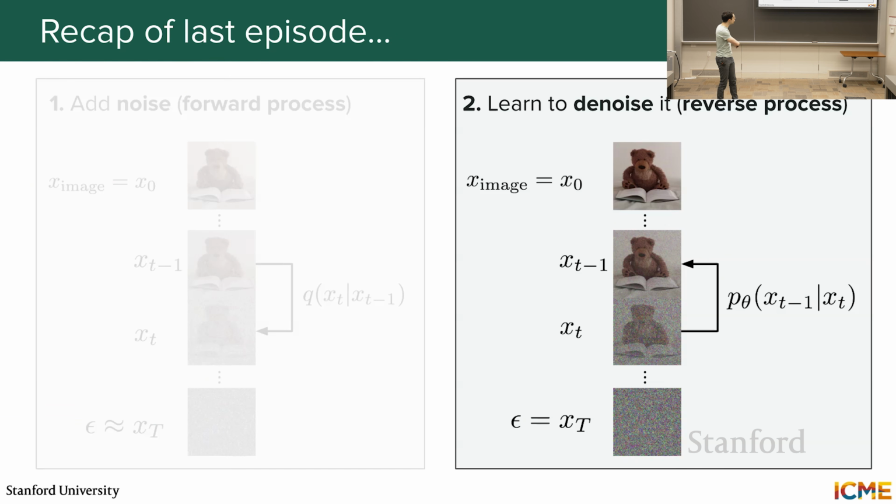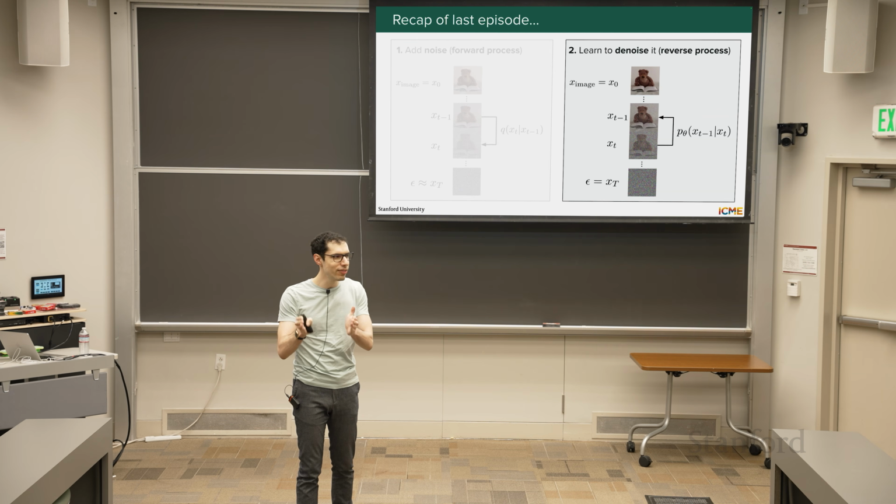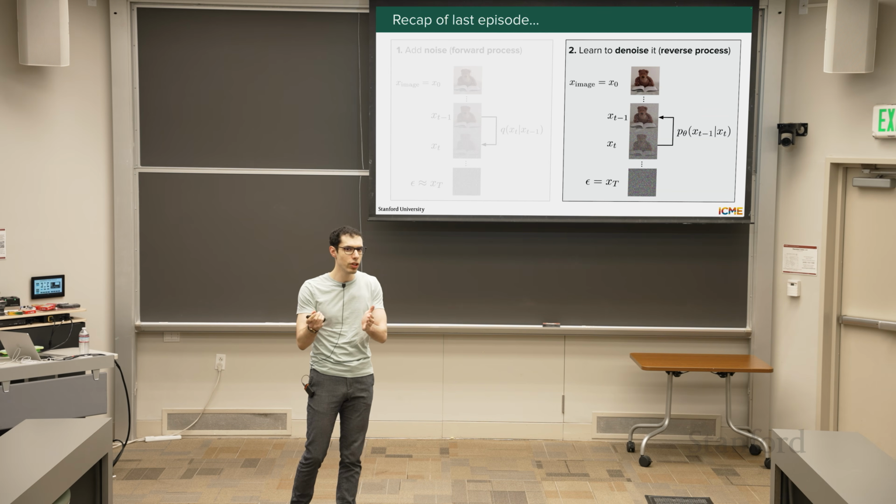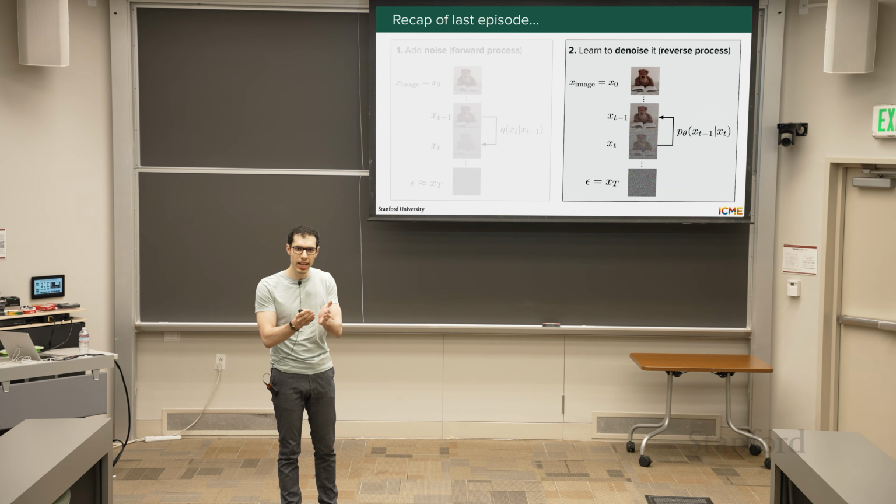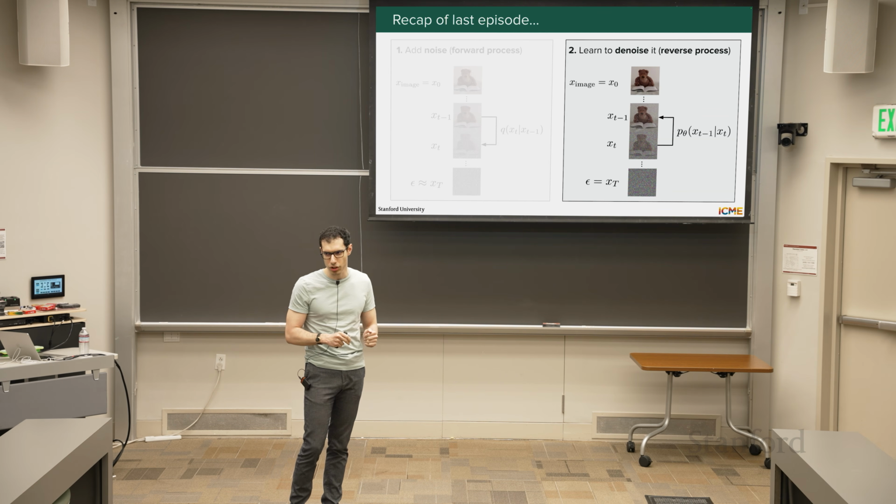The goal of DDPM was to learn a reverse process that was able to predict the noise to remove from the noisy image. You take an image, you gradually add some noise, and you try to learn how, given a noisy image and the noise level, you can remove the noise from that image.